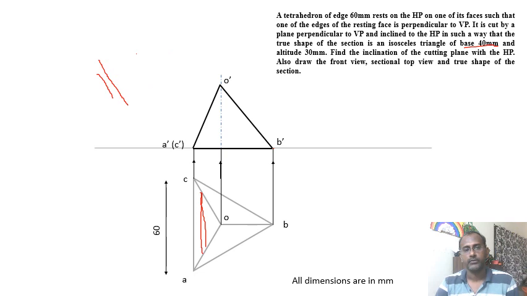So you should think that since the final base edge length is 40 mm, I know very well that in the apparent sectional view over here, I will get a line of length 40 mm.